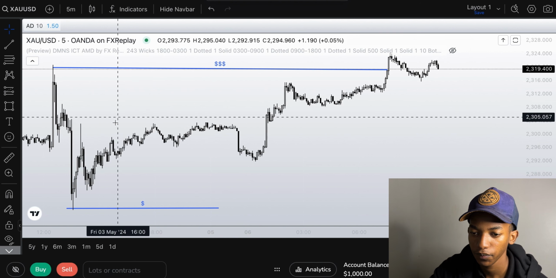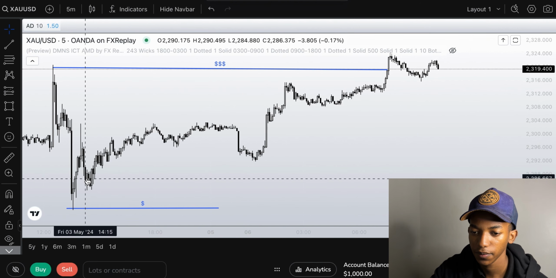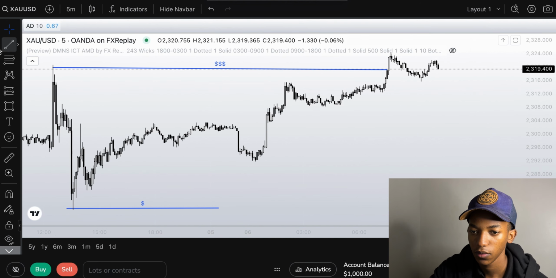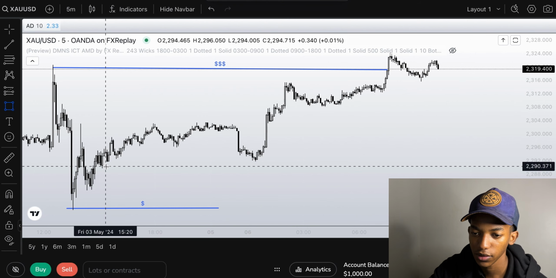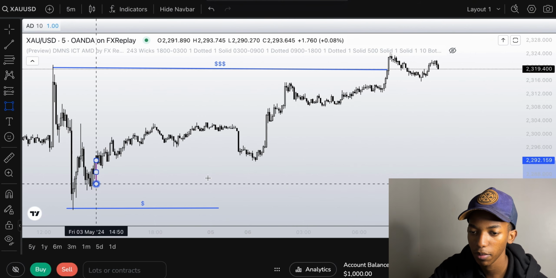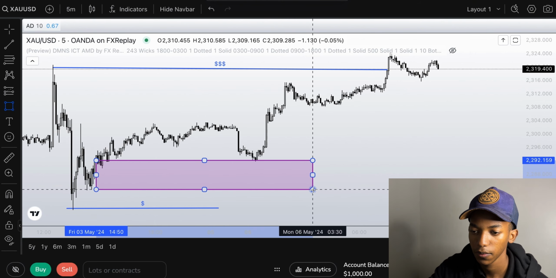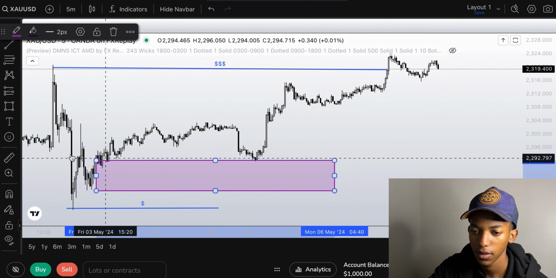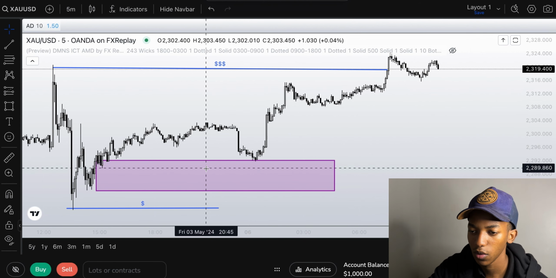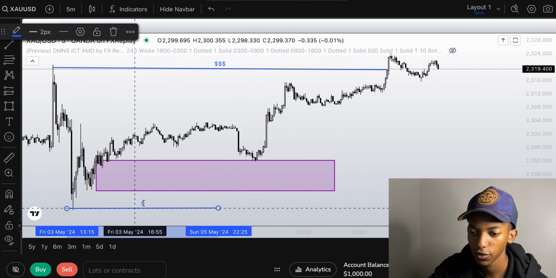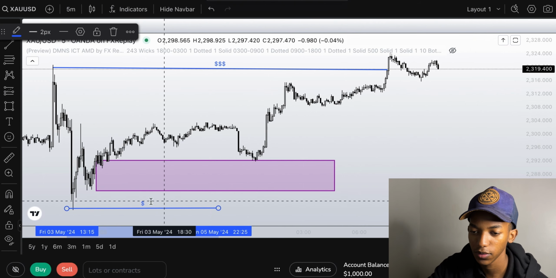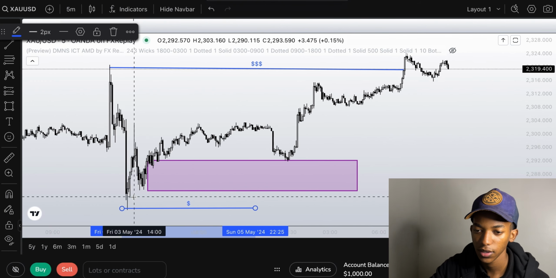So we've got this area right here, which we can call our demand zone. This is where strong buying power started from. So this is our order block, and we've got liquidity down here, but this is not important as of the moment.